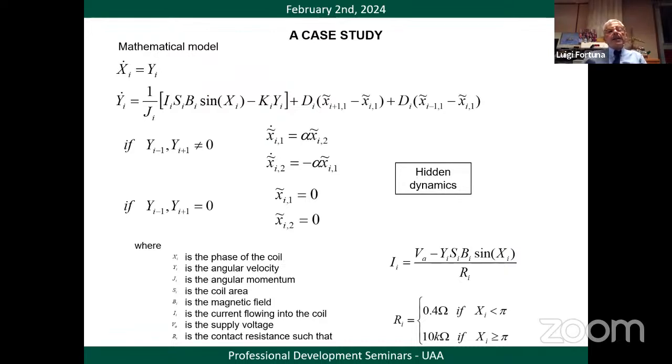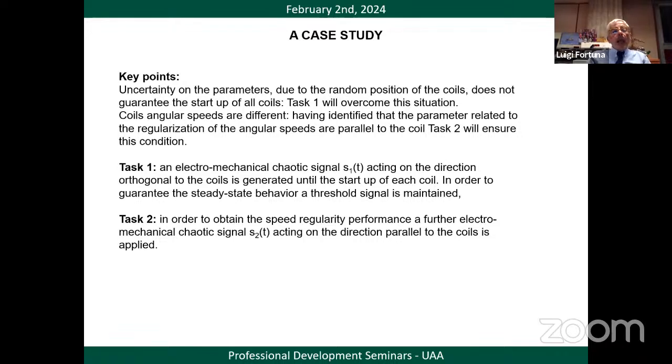In this case, what we represent is the model of a single coil, and as you can see, there are two terms that allow us to define the model of the coupling of the various coils.